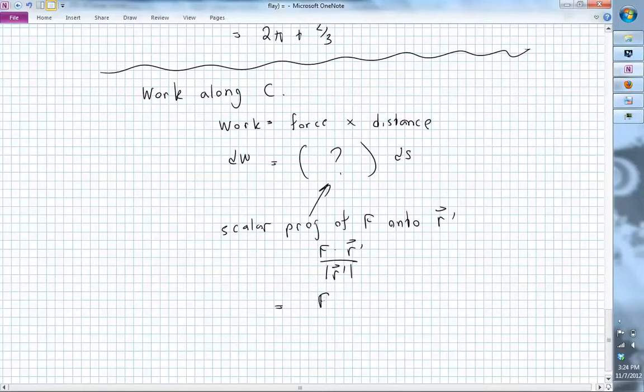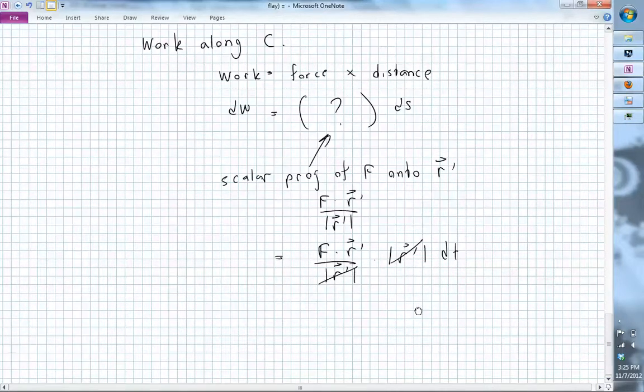Let's do that. On the other hand, we just showed that ds is secretly this, and a lovely cancellation occurs. And so a little piece of work is really just that.